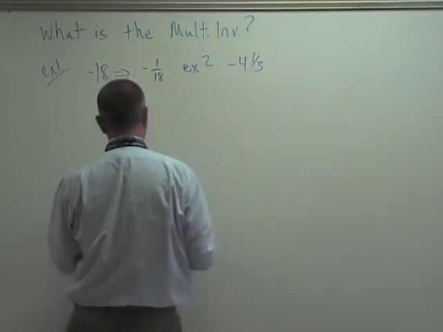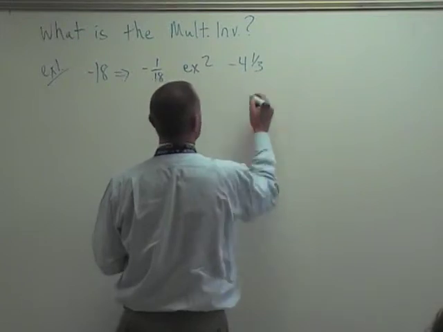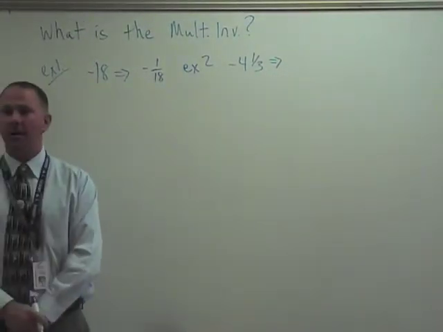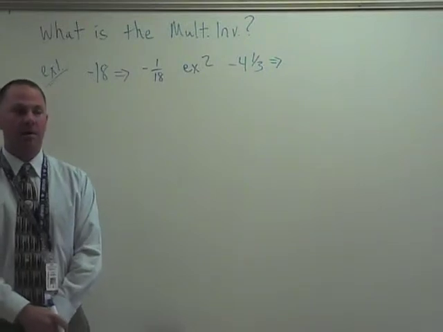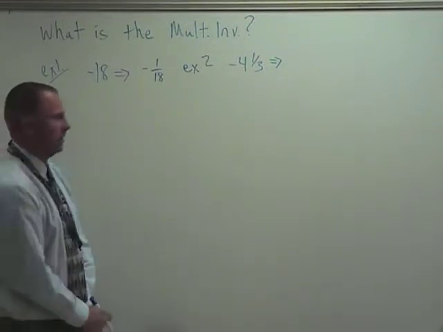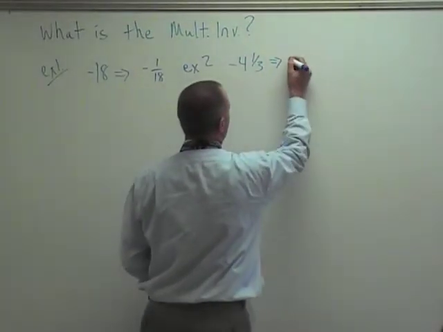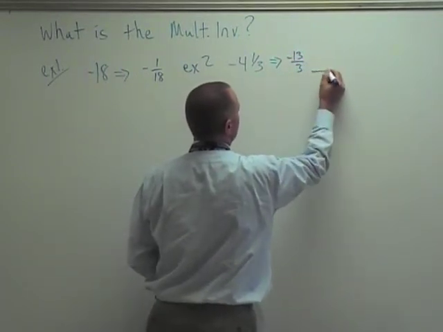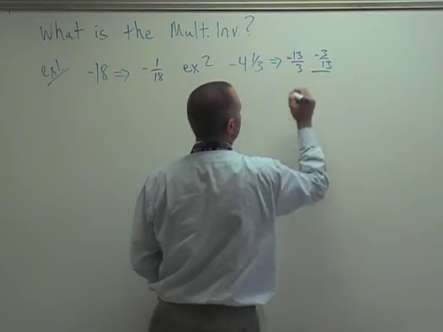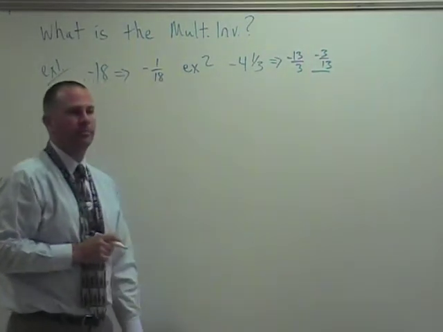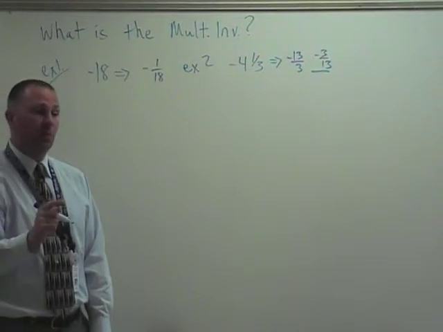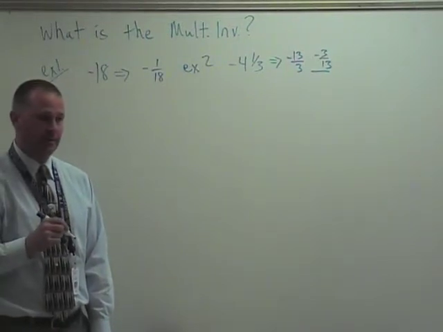What's the multiplicative inverse? Negative 13? No, negative 3/13. That's right. This is actually negative 13 over 3. So your multiplicative inverse is negative 3 over 13. So the negative always stays negative, because you want to make it positive.